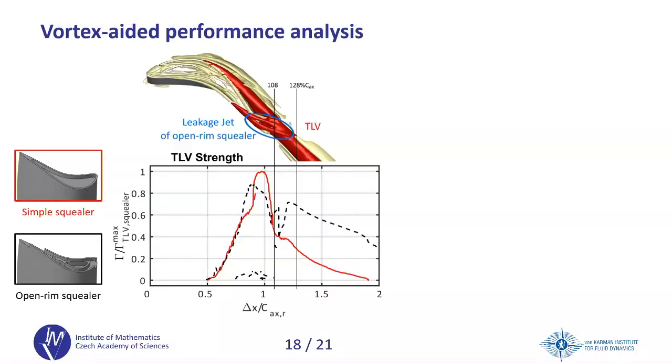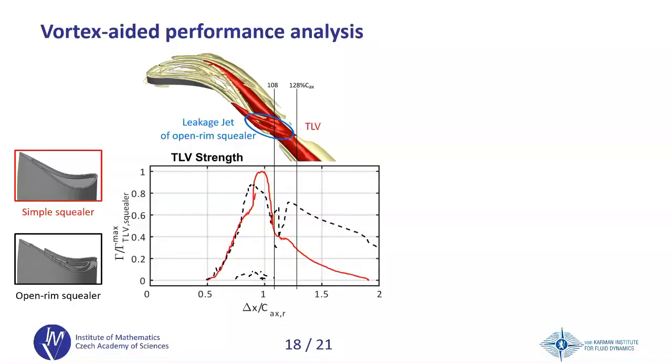So this is the opening, and a large mass of flow passes through it. This jet then interacts with the tip leakage vortex. It supplies additional momentum to the vortex, and this is why you see the second peak in the intensity of the vortex for this optimized open design.